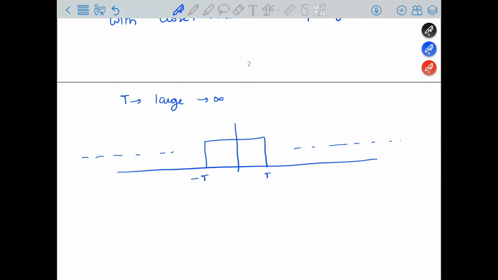So, we will say that it is a rectangular pulse. So, this is basically representing an aperiodic signal corresponding to a square pulse, that is, a square periodic pulse of only 1 period.